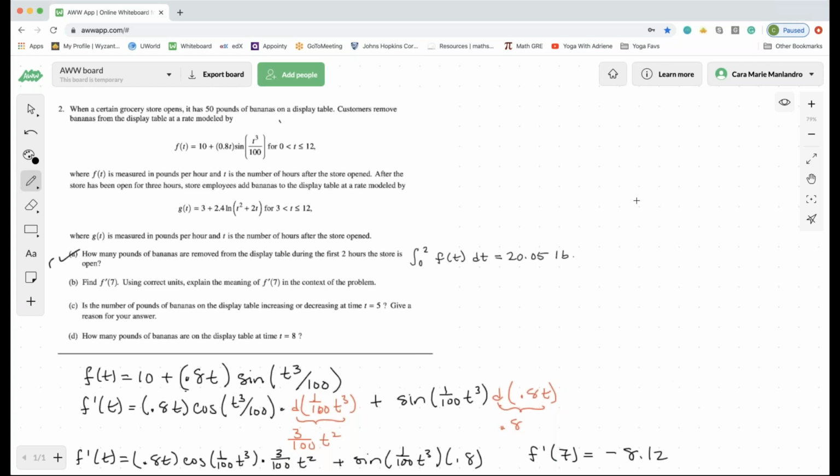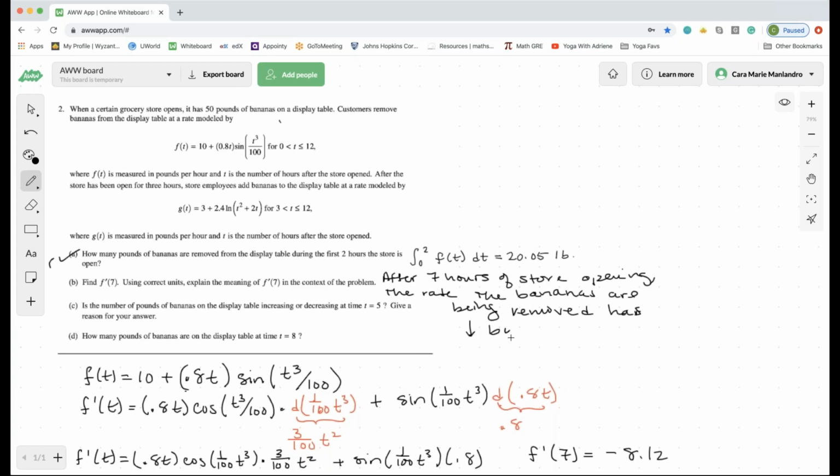The way that we would interpret that is, after 7 hours of the store opening, this is a derivative, so the rate at which the bananas are being removed has decreased by 8.12, and my units here would be pounds per hour per hour.